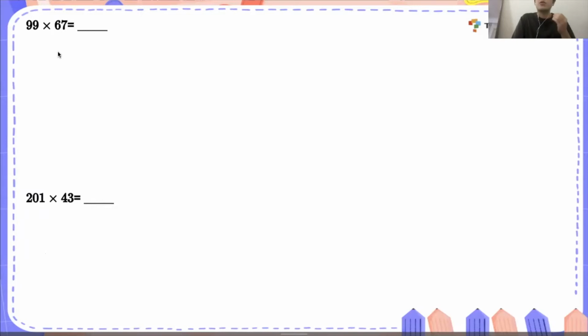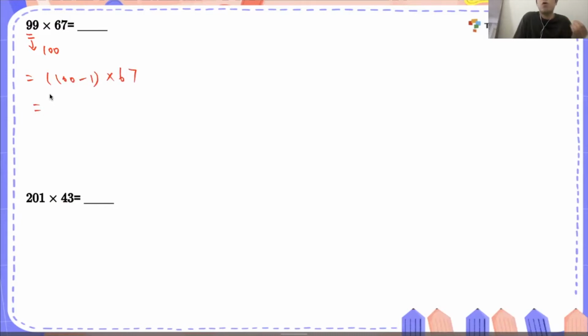Okay, for this question, we have some multiplications. And what we need to do is change this multiplication by our distributive law, right? So the first one, 99 is close to 100, right? So we just need to use 100 minus 1 times 67.